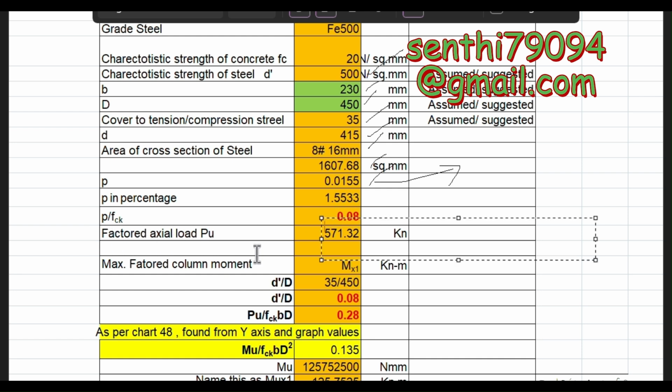Then the factored axial load, we have already assumed this: axial load into 1.5, which is the factor. The maximum factored column moment, we are assuming as Mux1 for the reinforcement we have provided. d dash by D is 0.07, which we have already assumed. Pu by fck is this much.